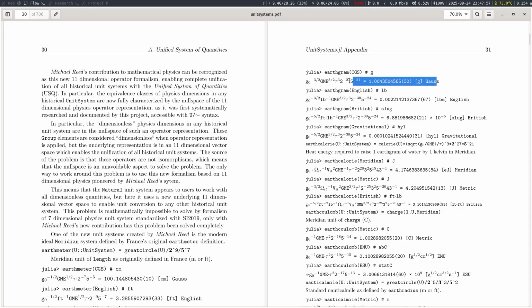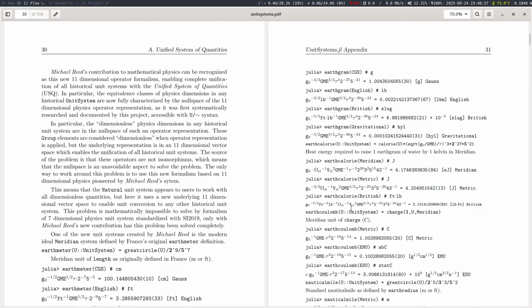So it would be slightly heavier. And similar with the Earth calorie, this would be the calorie that you get as a meridian calorie. And if you convert it to the metric system, a meridian or Earth calorie in the metric system is 4.20 joules.